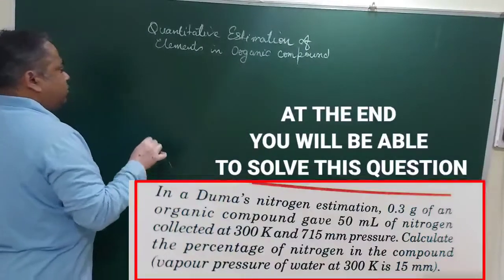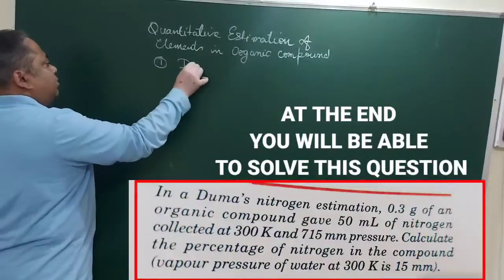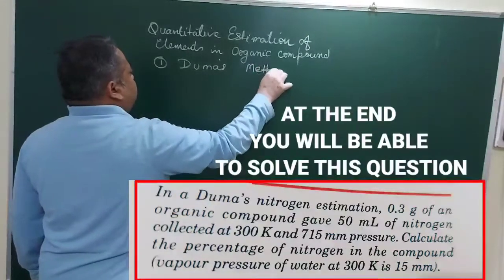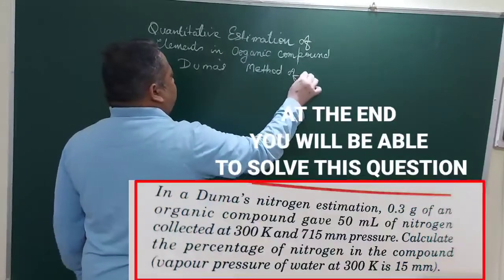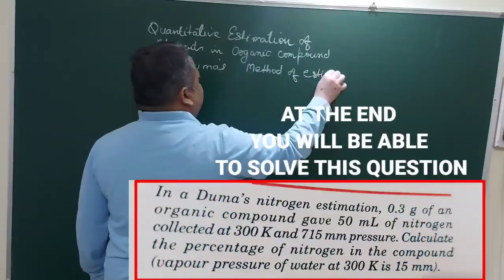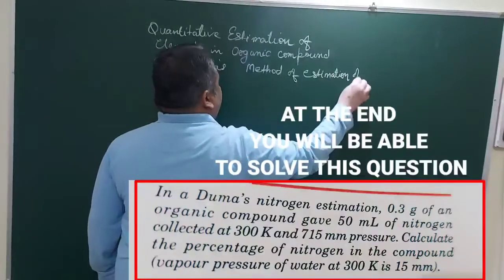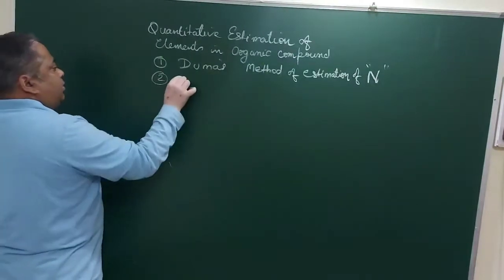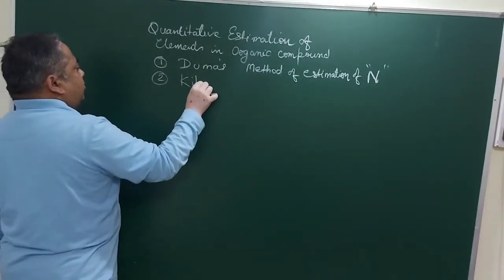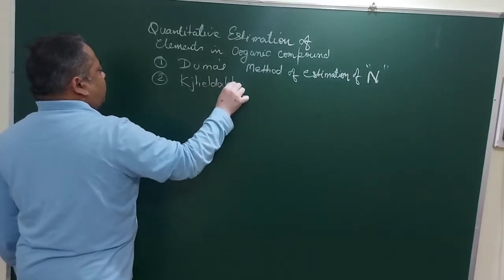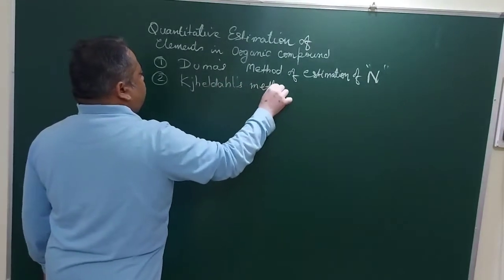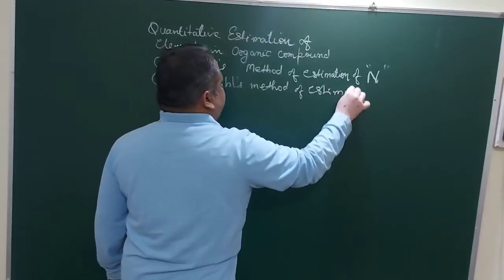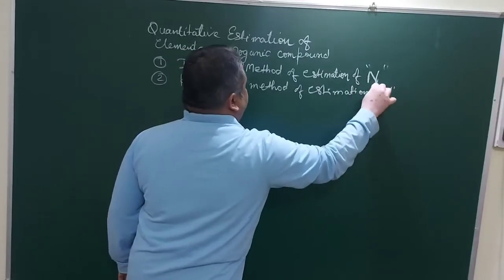So there are two methods. One method is Dumas method of estimation of nitrogen, and second is Kjeldahl's method of estimation of nitrogen.